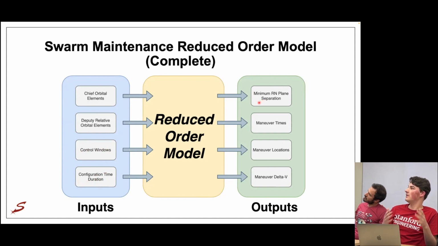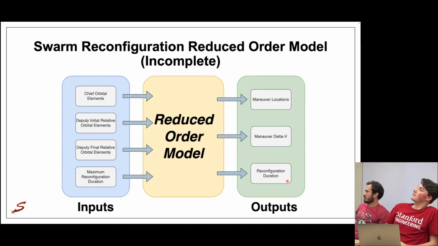First of all, you're going to get the minimum RN plane separation over the entire control window, the maneuver times when you're going to execute maneuvers in order to keep yourself within that control window, maneuver locations, so where you actually fire those maneuvers in the orbit in order to ensure that you stay in the control windows, which is different from maneuver times, and then maneuver magnitude, maneuver delta V.